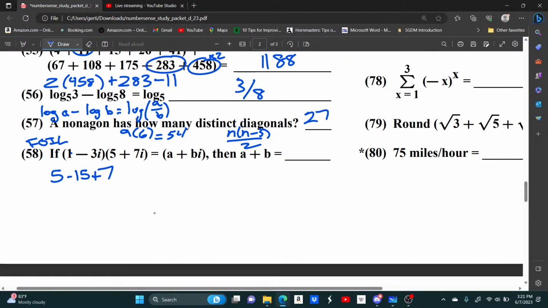And then negative 3 times 7i will be negative 21i squared, which is going to be just plus 21. And so in the end, this is just going to give me 18. Nope. Wait. Yeah, 18.